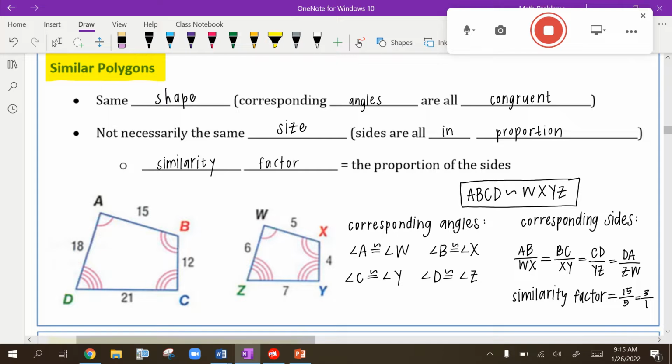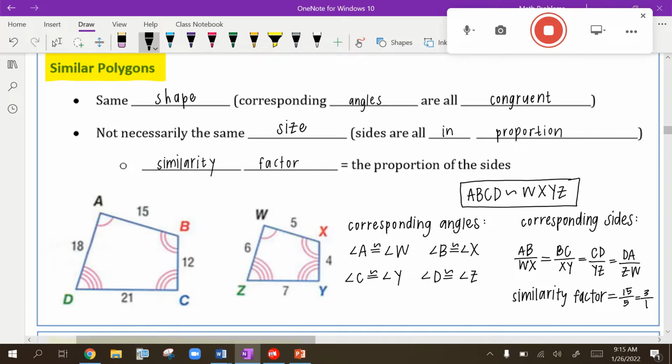If you put the corresponding sides together to make a ratio, you'll notice that they're all proportional. They're all equal to 3/1. Now you could also do it the other way around and put 1/3. This is showing it from ABCD to WXYZ.